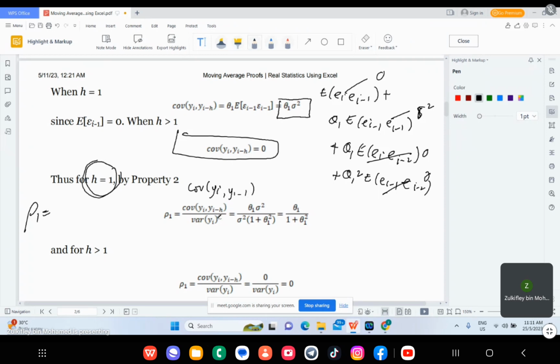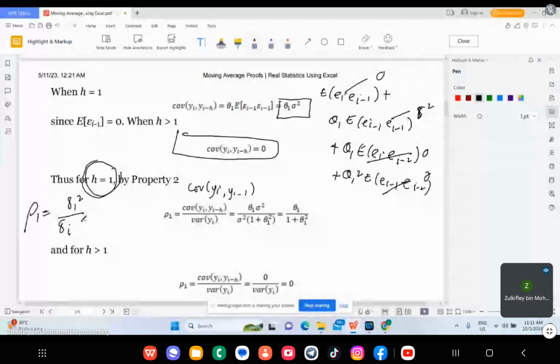It becomes theta 1 sigma squared over the standard deviation of Yi and the standard deviation of Yi minus 1.